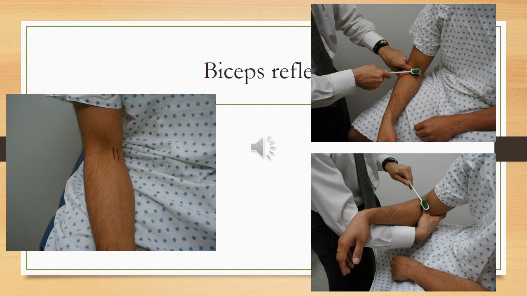First, determine where the tendon of the biceps muscle is. After that, you tap with your hammer, either while the extremity of the patient is on his thigh or while you hold his upper extremity, by tapping on the biceps tendon.